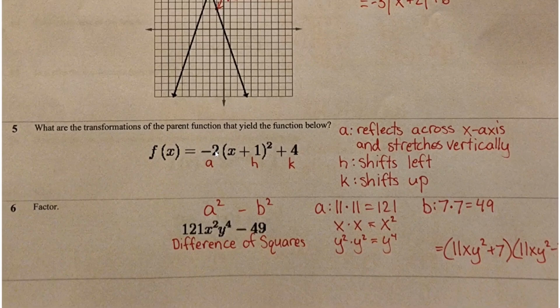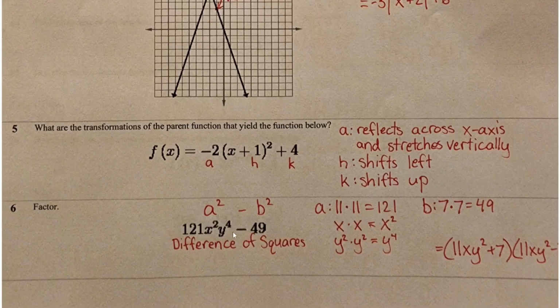And because it's a 2, and 2 is a number that's bigger than 1, we say it stretches vertically. We have an h value here that shifts it left because h is opposite. He's the liar. K, he's cool. We shift up. And that's it. You could mention how many units, but just naming the transformations will be fine.